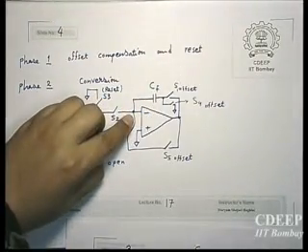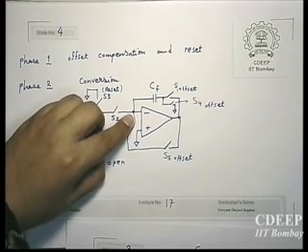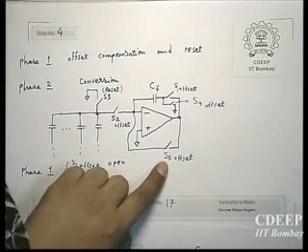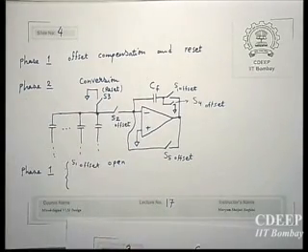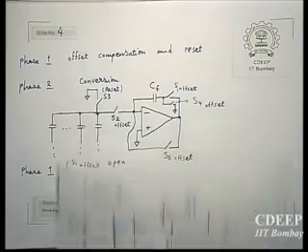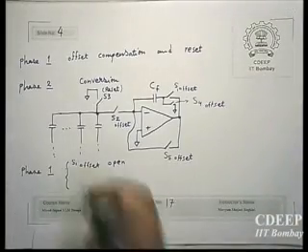Therefore, CF will come over here at the negative terminal of the op-amp. And because it is at the negative terminal, we would be able to store offset on this capacitor. If we put it in parallel to S5, then it will get discharged completely, which is not what we wanted. So what we want is to store offset on CF, so that this offset will be removed from V out. So now, therefore, we will need this S5.